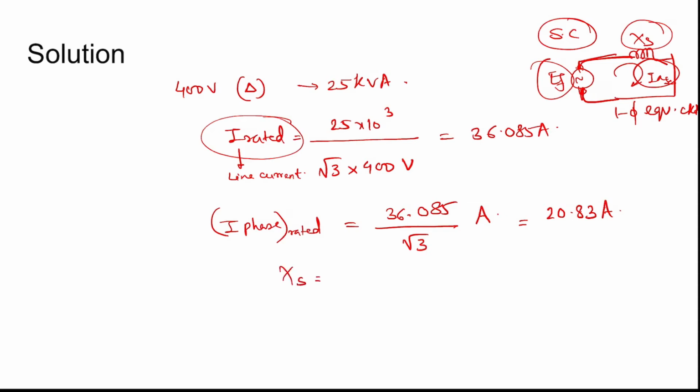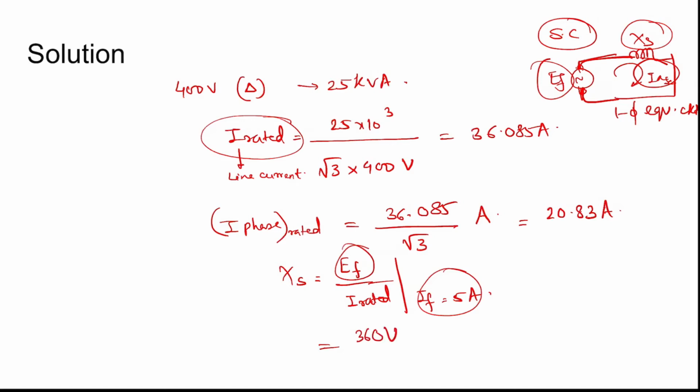Now Xs can be determined from the short circuit model as EF by I rated for the same field current of 5 ampere. For that condition, the EF value is given as 360 volts divided by I rated per phase, that is 20.83, in ohms. So Xs value can be written as 17.28 ohm, that is per phase.